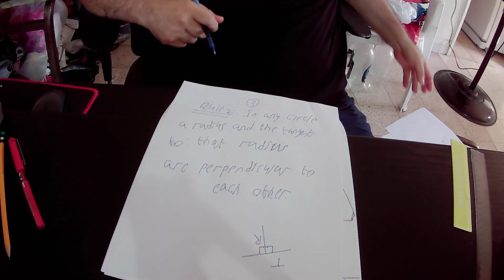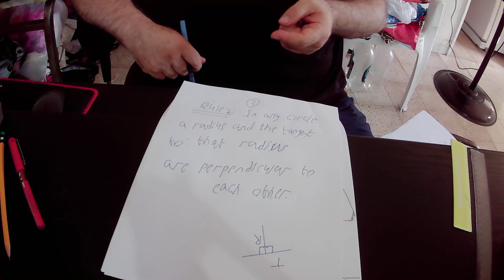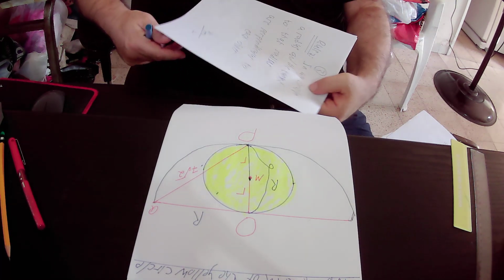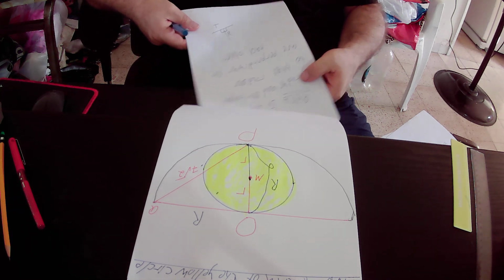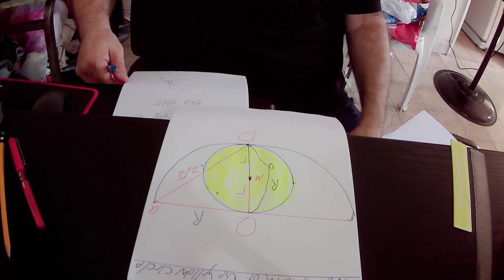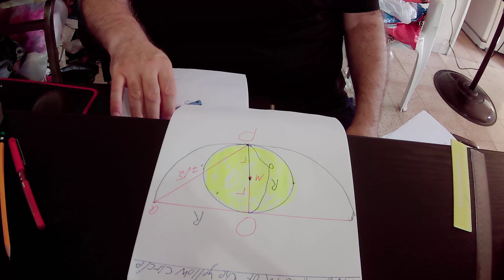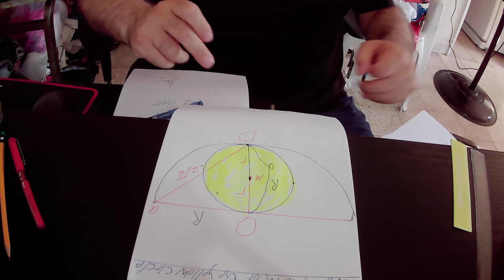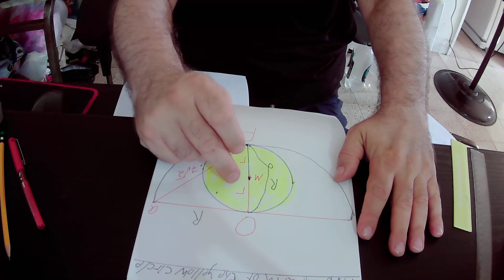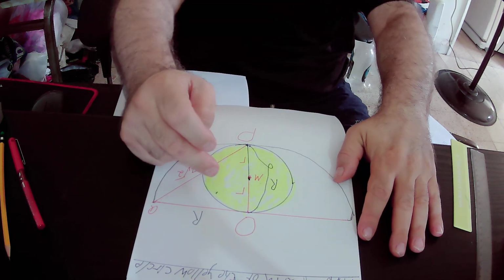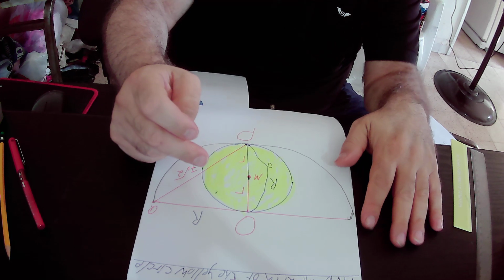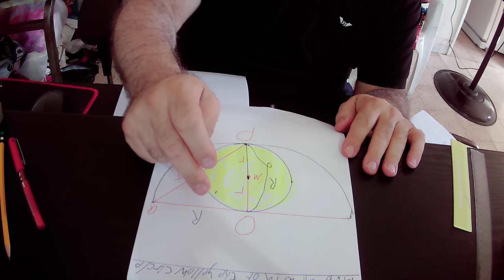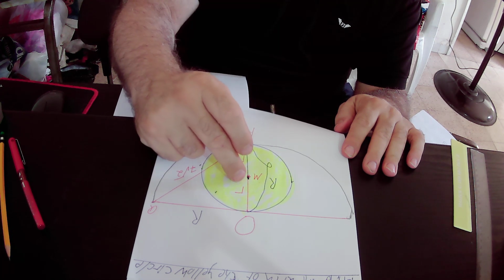Okay, so we actually can implement rule number 2 in our circles, because we have in our circle segment MO equal to the radius of the yellow circle, and OQ is tangent to that radius.